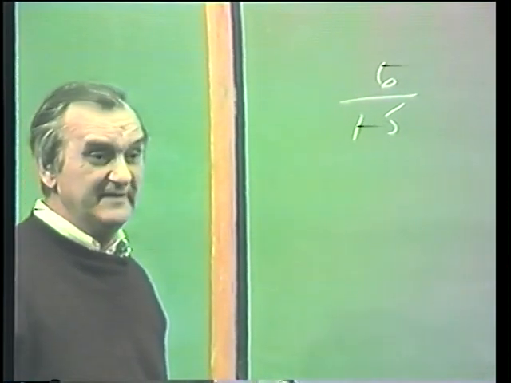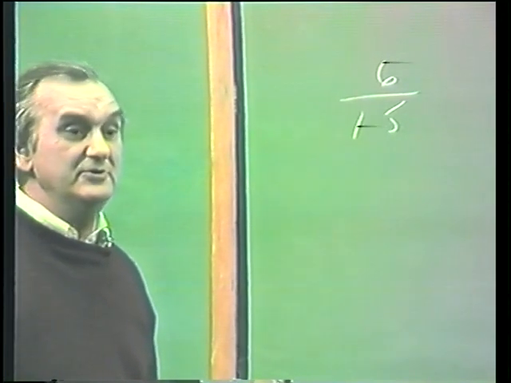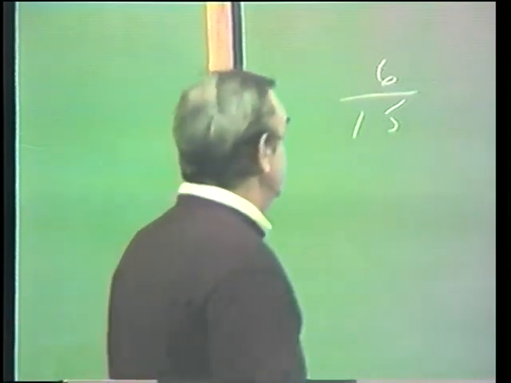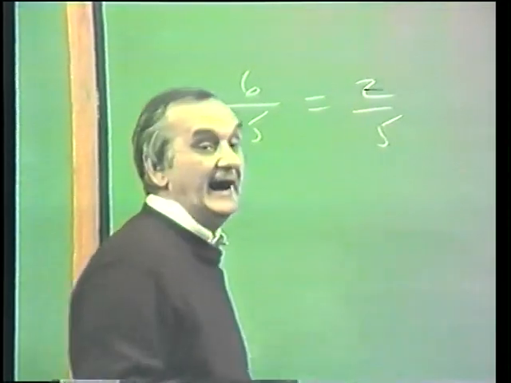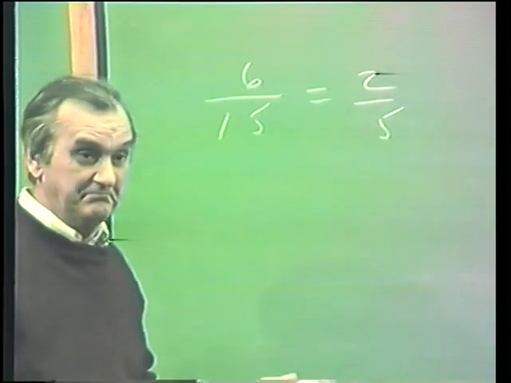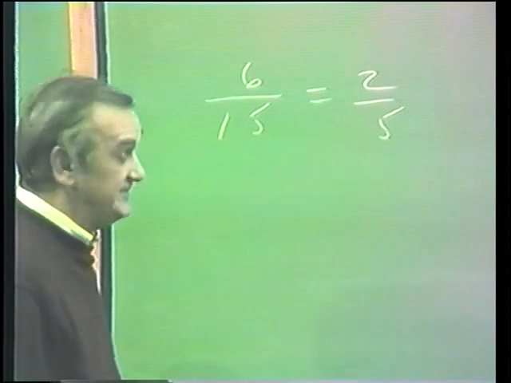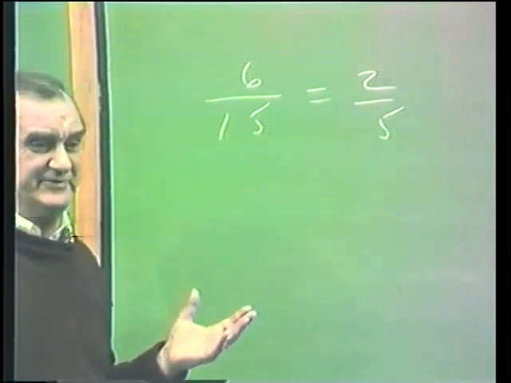I didn't get 3/5. Oh, 2/5. Question is, how do you get it? If you understand what's happening in arithmetic, algebra is very simple. It's the same game. How did you get this 2/5?